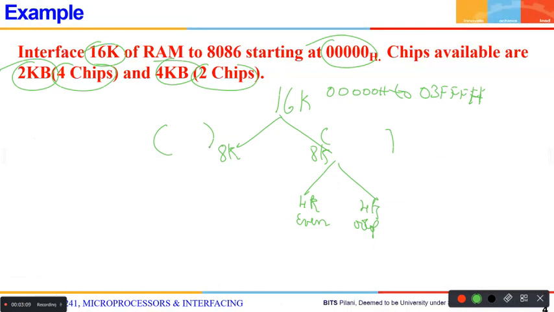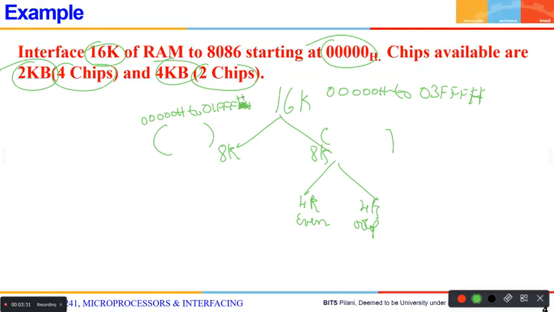What is the address of this 8K chip and this 8K chip? It is 00000H to 01FFFH.